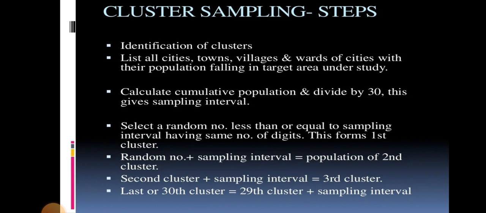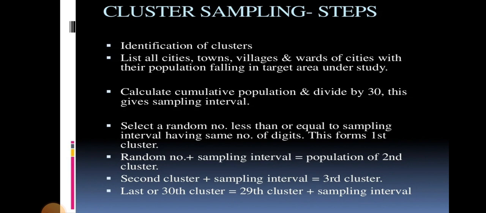This forms the first cluster. Dividing 500 by 30 comes to approximately 17, so this will be the sampling interval.